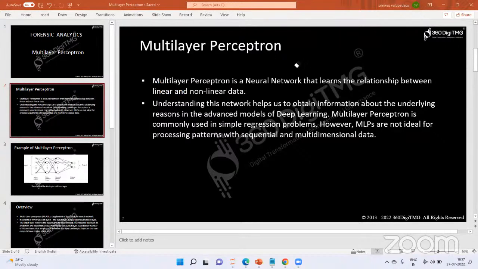So let us continue. What is a multi-layer perceptron? A multi-layer perceptron is a neural network that learns the relationship between linear and non-linear data. Linear is nothing but a relation where one increases, another increases. But anyway, the neural network learns the relationship. Understanding this network helps us obtain information about the reasons in advanced models of deep learning.